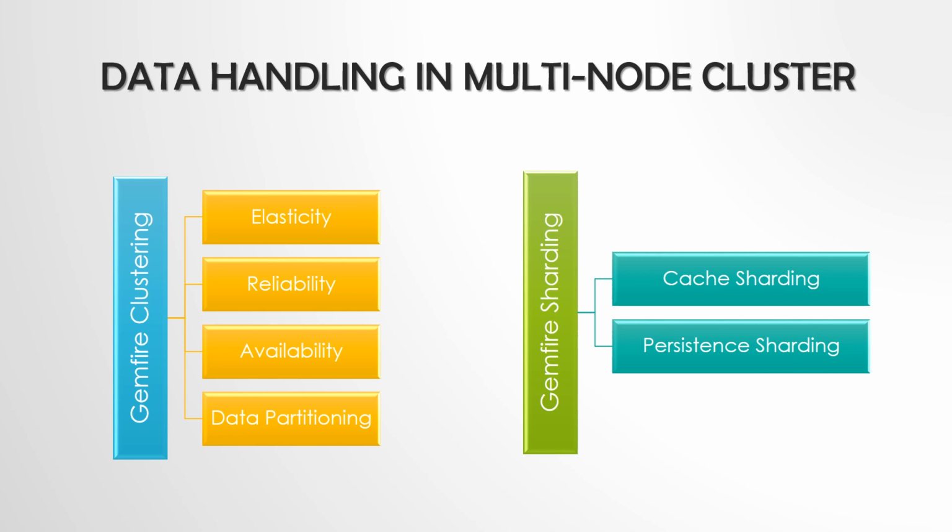The last one is data partitioning, that is, to distribute data across the nodes into a unit called the bucket. Here the GemFire MapReduce function is used, which is a data-aware query and which also supports parallel data querying. After all that, the result is then returned to the coordinator for the final processing.